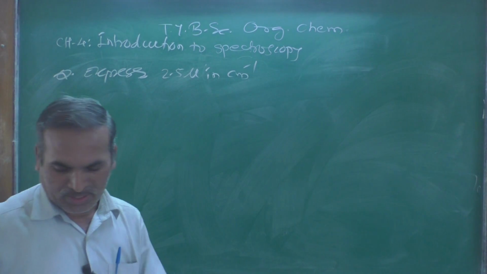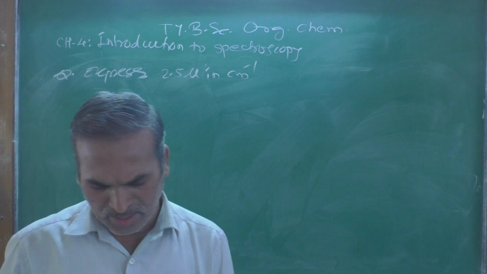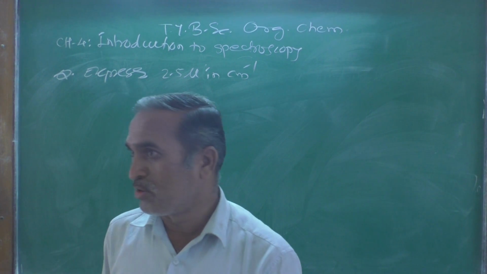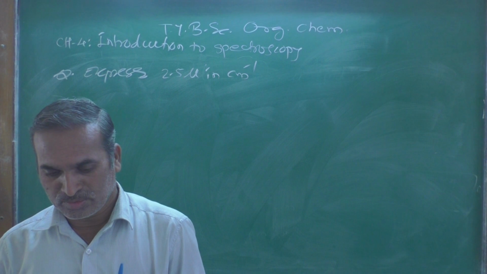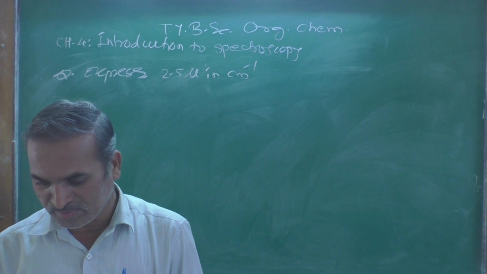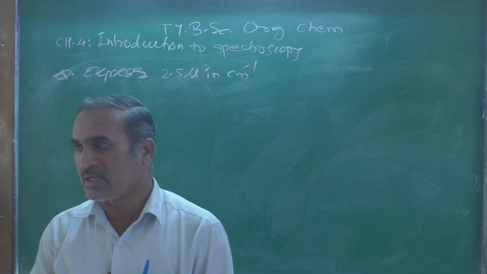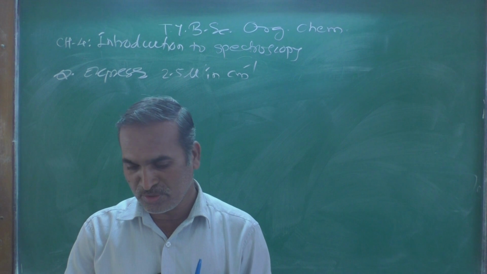That is the simplest one, which we already solved. Express the lambda max 8750 angstrom in nanometer. That also we have solved. So these are some of the examples we have solved. These examples are important from your exam point of view.